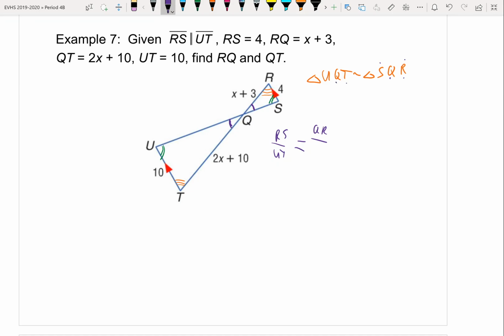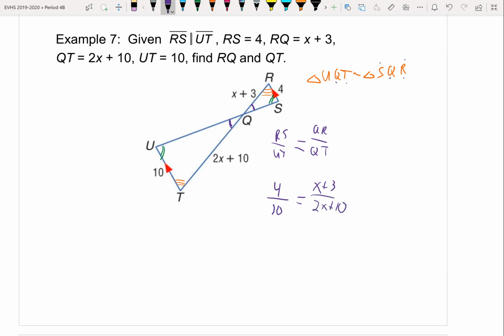It's going to match with QT, so QT is down here, and I can use that to fill in my proportion. RS is 4 over UT is 10 equals QR is x plus 3 over QT is 2x plus 10.